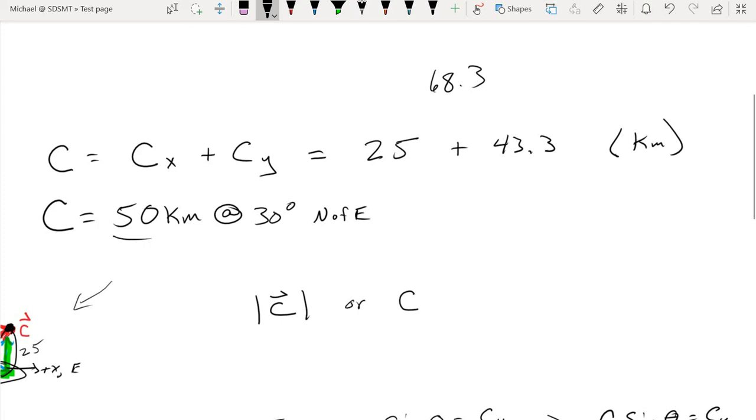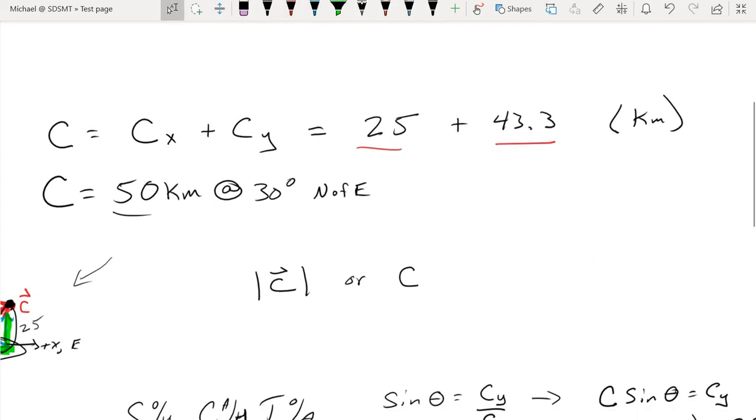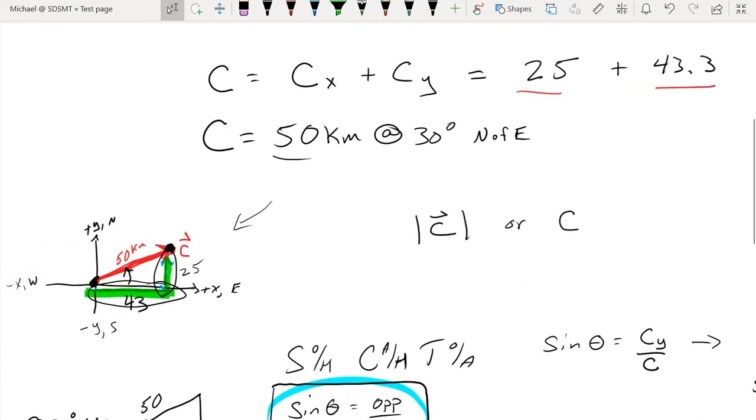It's too big. Well, these two components, each of these components lies in a different axis. We have one component that's lying in the x-axis.